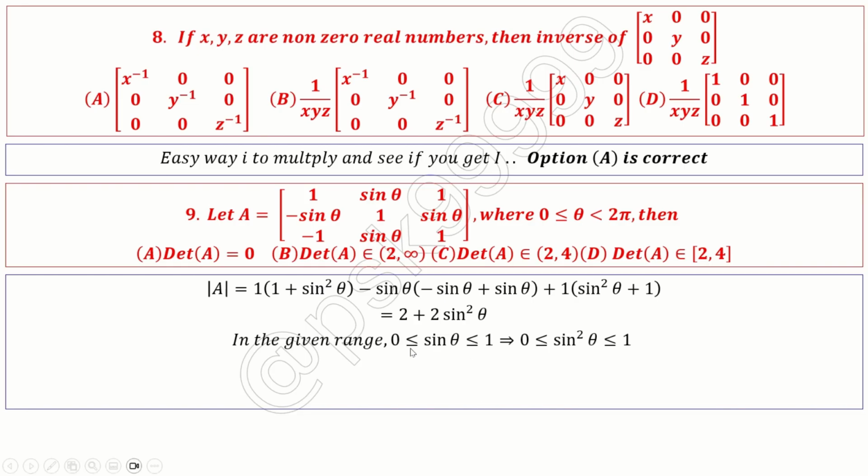We know that sine theta is between, in the given range 0 to 2 pi, actually -1 and 1, but sine square theta is between 0 and 1. Which means if I substitute the minimum value 0 here, it is 2, maximum value 1, then it is 4. So it is between 2 comma 4. Okay, so the determinant of A is between 2 and 4 inclusive basically. Okay, this is the answer. Option D is the correct answer.